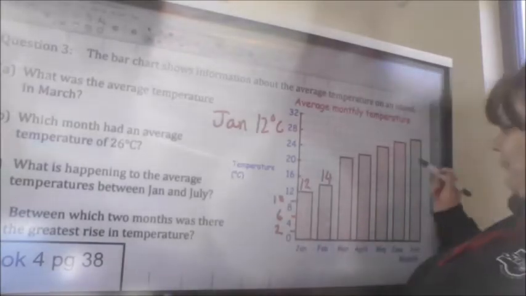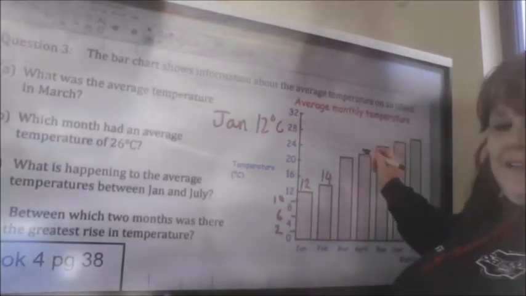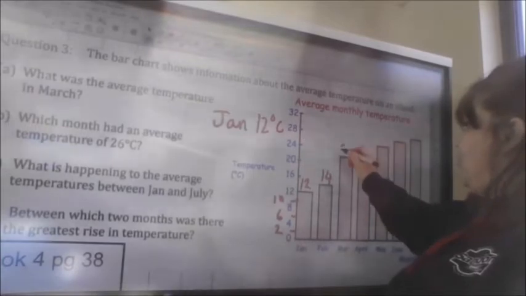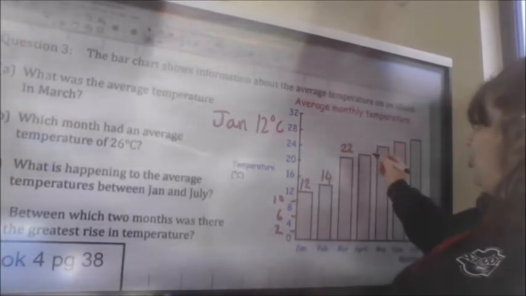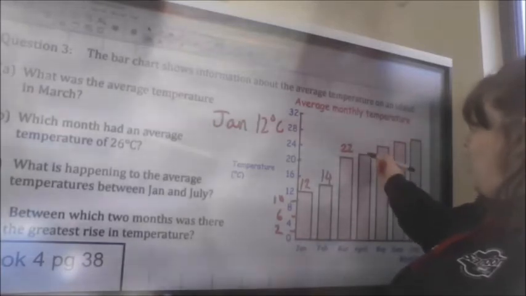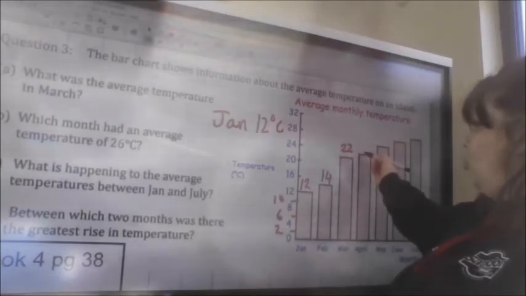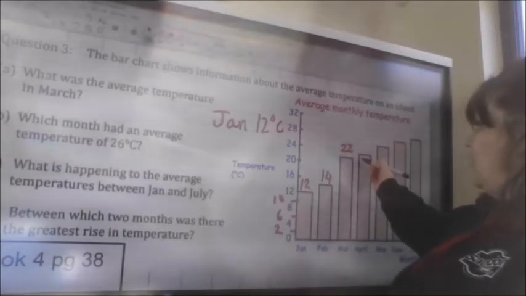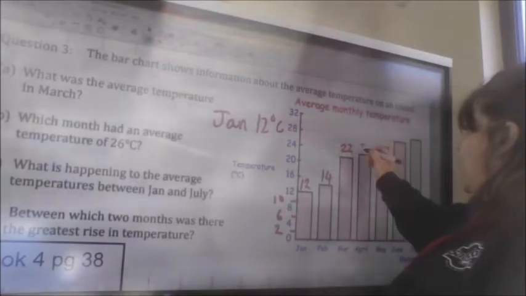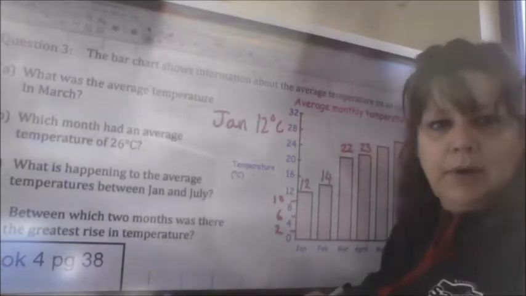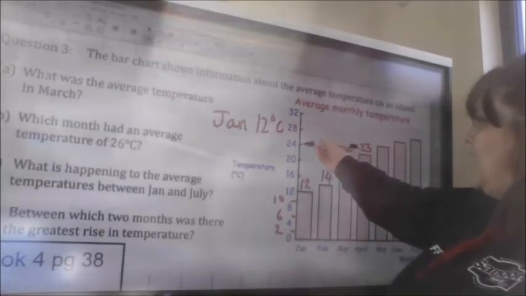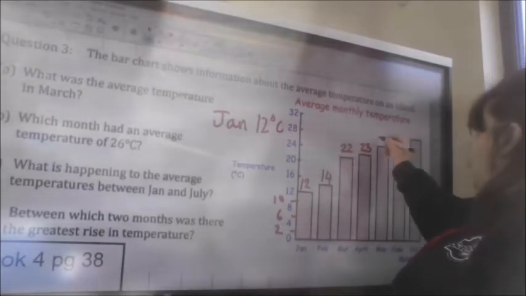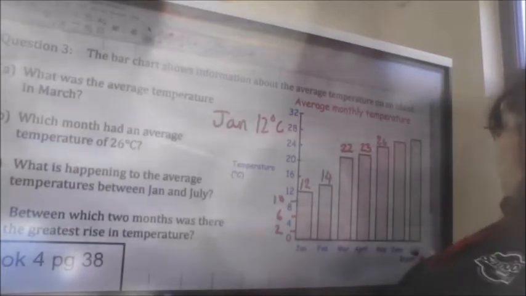Okay, year 6, how did you get on? So, March, did you spot that it was 22? April, did you spot that it's almost 24? Okay, almost. It's not 22, it's not 24, so I would put that as 23. Right, May is halfway exactly between 24 and 28, so I'm going to put 26 there.